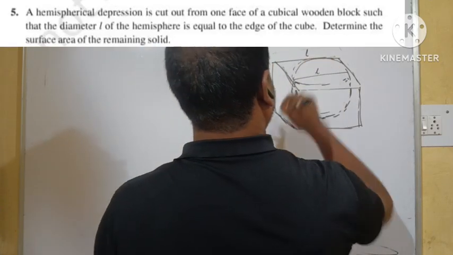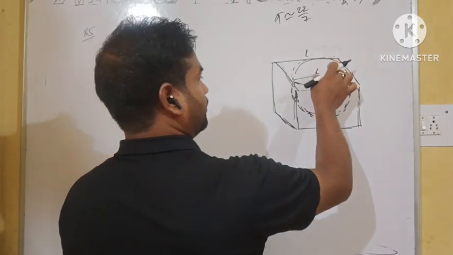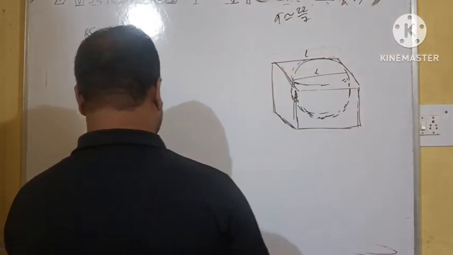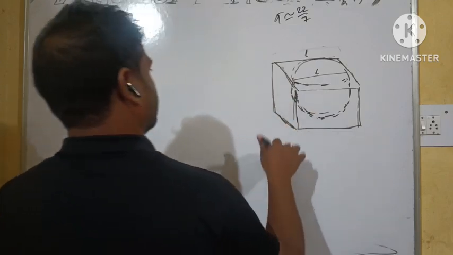L is the edge of the cube, and the diameter of the hemisphere is also L. Determine the surface area of the remaining solid.